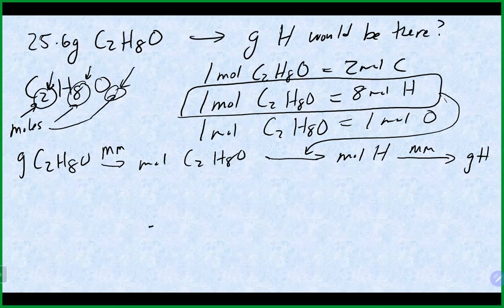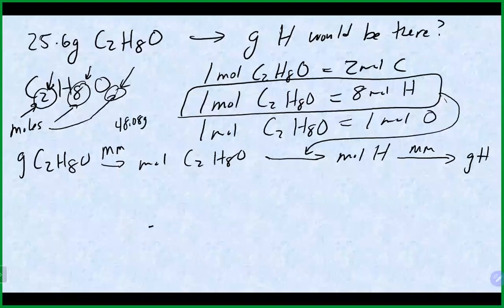And again, it is common that you're interested in just one of the elements present in a molecule. To do this, we'll use the same molar mass we calculated on the previous problem, which I think was 194.08 grams per mole.